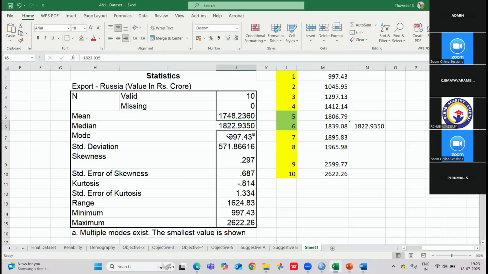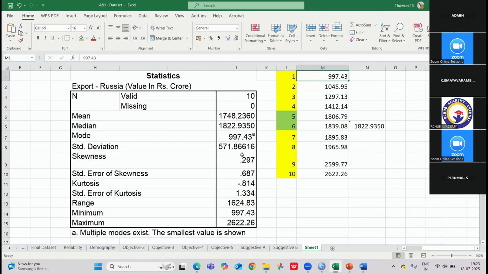But if you take a close look, there is no most repeated value. If none of the values is repeated, then it will take the first value as the most repeated value by default. I have taken the first value as the most repeated value. That is by default. Don't consider this. That's why it is given as A.